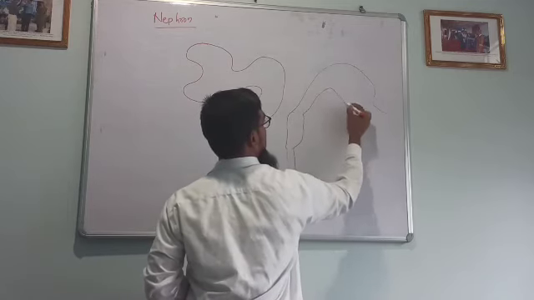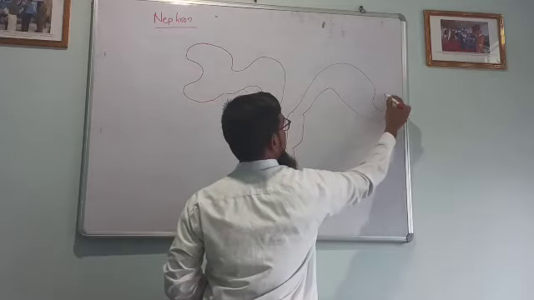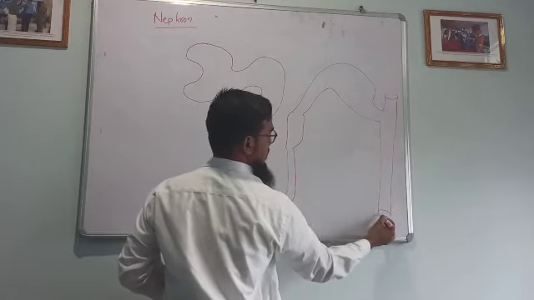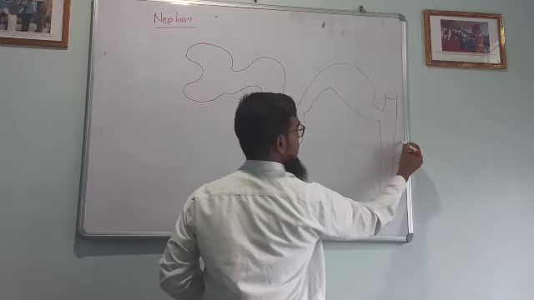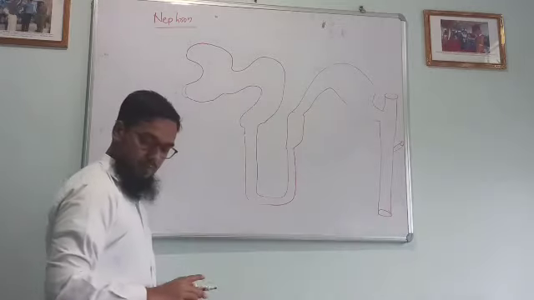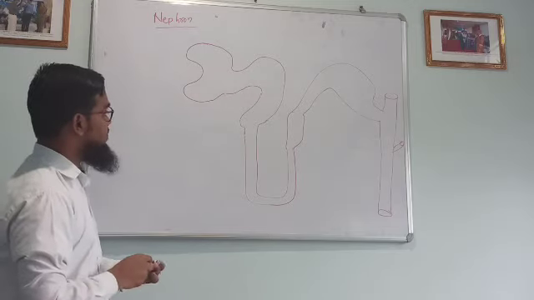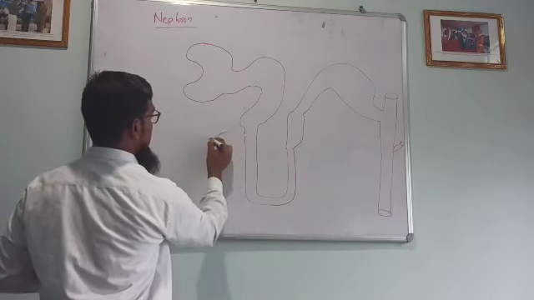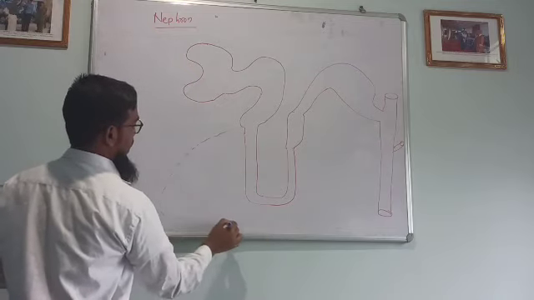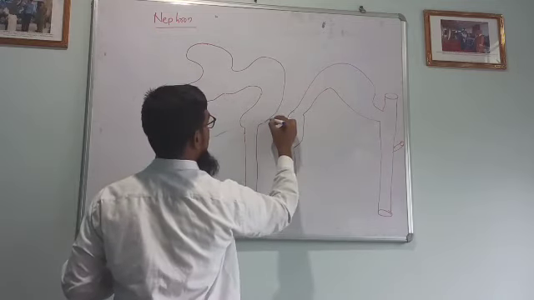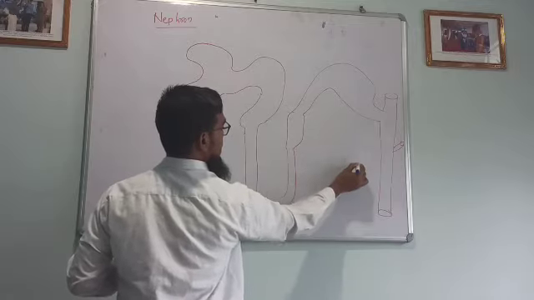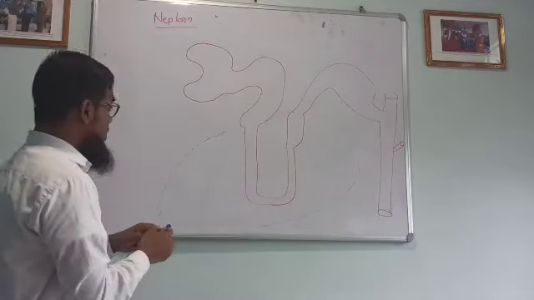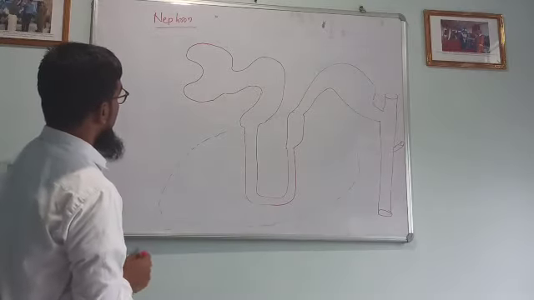And it will come to like this. So this part of the nephron to this part remains under the medulla. So we will discuss in detail the structure of the nephron.